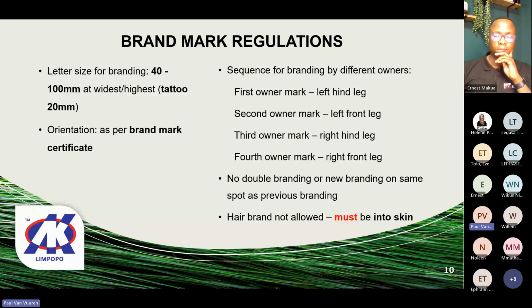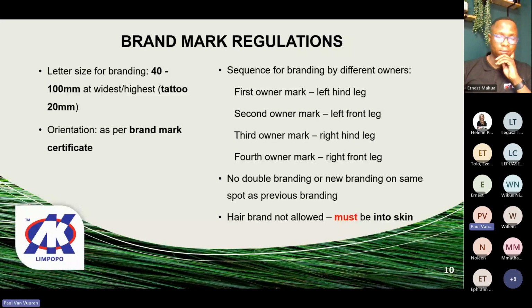Then the blood at the back of that skin quickly cools down, and then the brand mark is nice, and it doesn't tend to clot. So I'm just giving you a tip there for the upcoming farmers. That's the easiest way to brand your cattle. Then you must have a brand mark certificate.